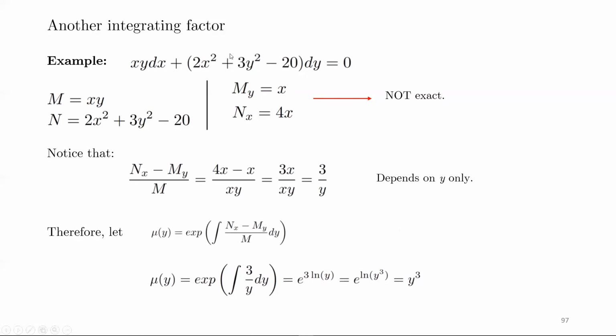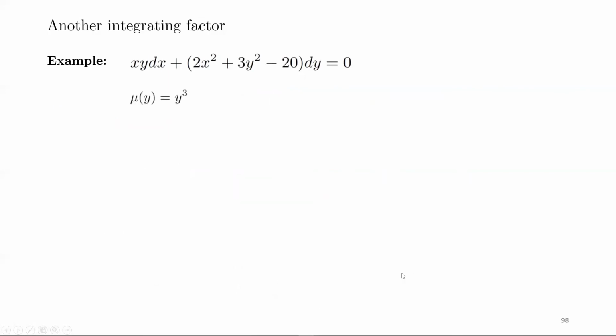So I've shown that this equation is not exact. I've shown that this ratio depends on y only, therefore I can define my integrating factor to be the exponential of the integral of that rational function times dy. And so I found that my integrating factor is simply y cubed.